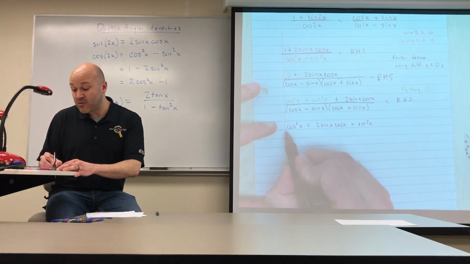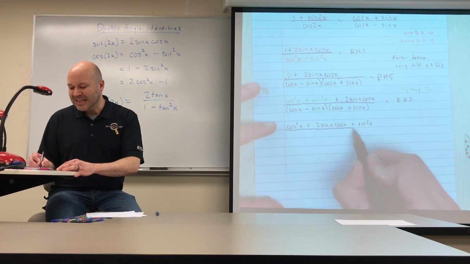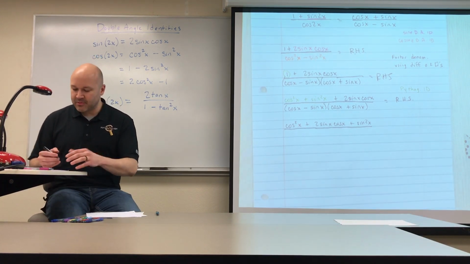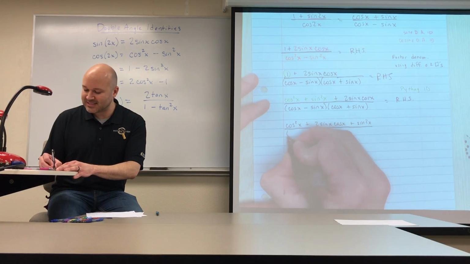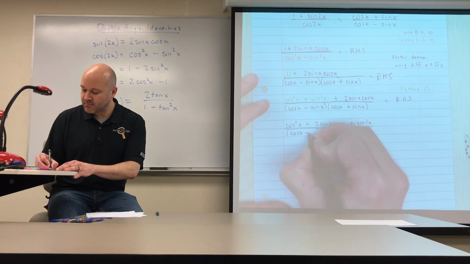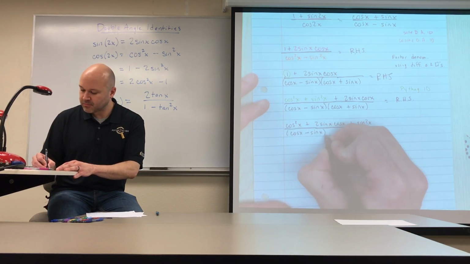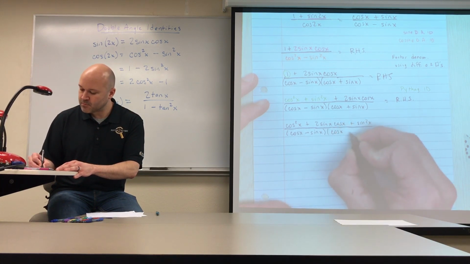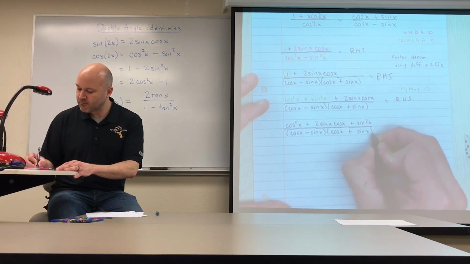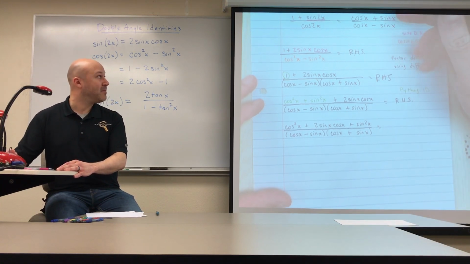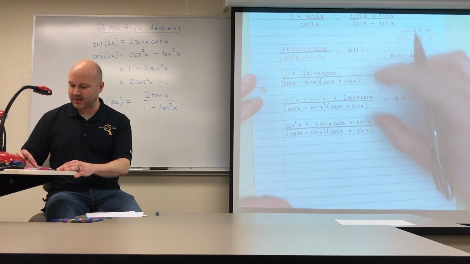Some students may already see the factors. I'm just going to line it up to help the rest of us who can't quite see it yet. And I'm about to lose the right-hand side, so I'm going to just recopy it here so I know where I'm going.